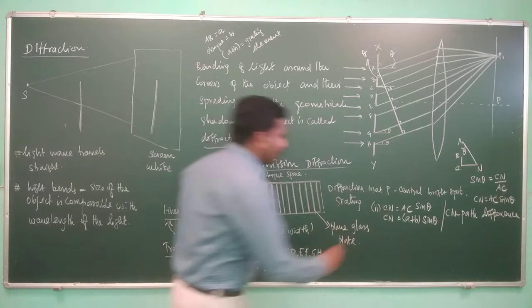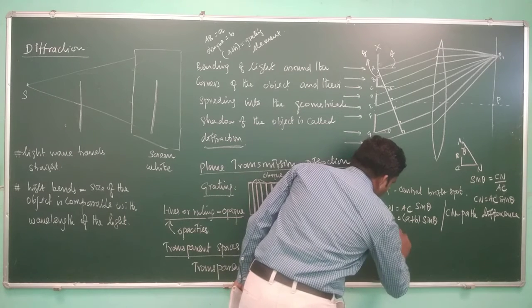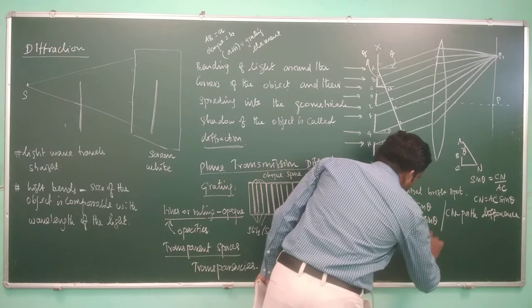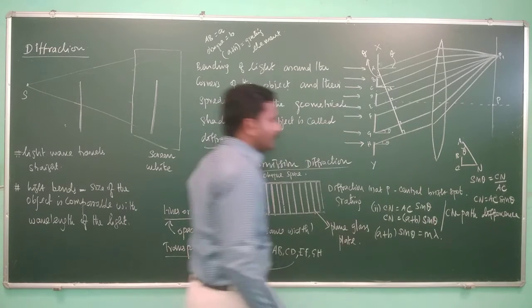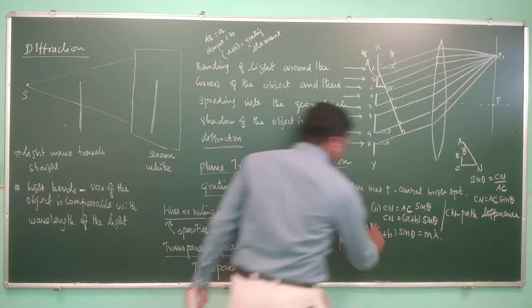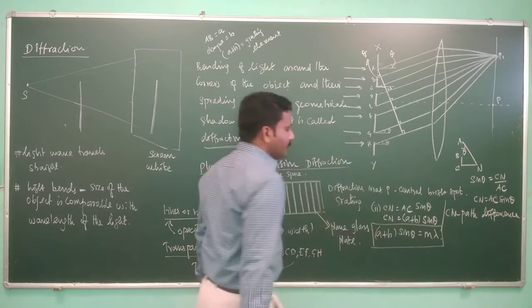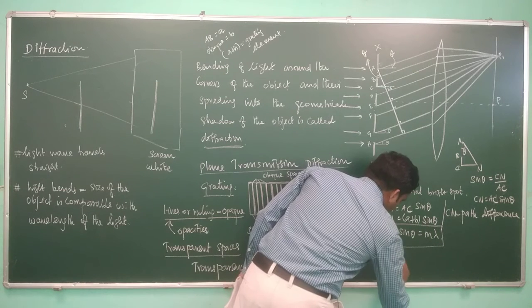If this path difference CN, that is (a plus b) sin theta, equals m lambda, then we can expect a bright spot.